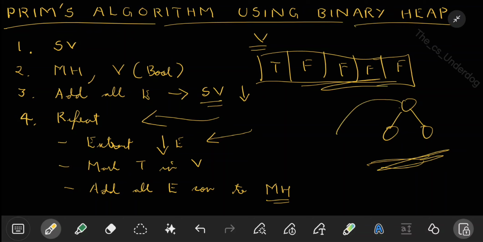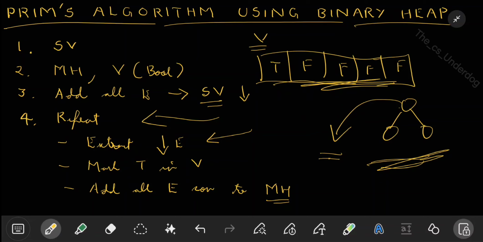That is, you have to extract the root from this min heap. Then what should you do? You should verify that this particular root, whatever you have extracted, has one vertex in the MST and one vertex out of the MST. That is, for one vertex of this edge, the value should be true, and for the other vertex, it should be false in the visited array.